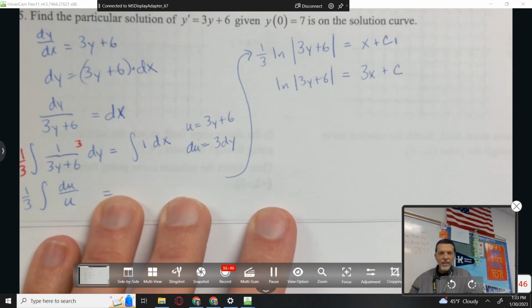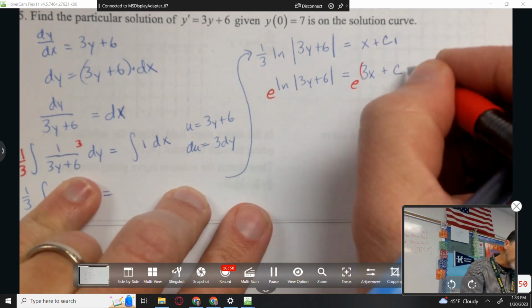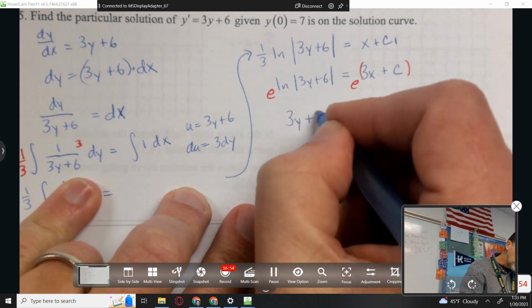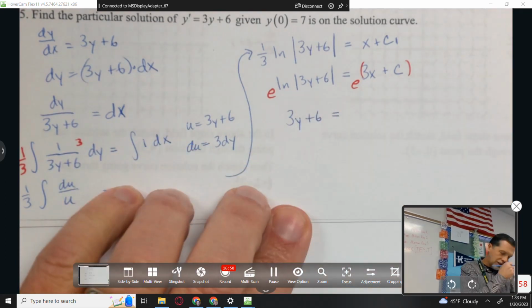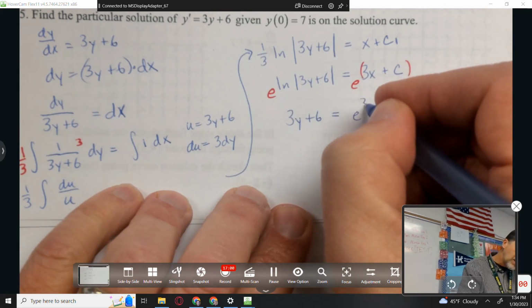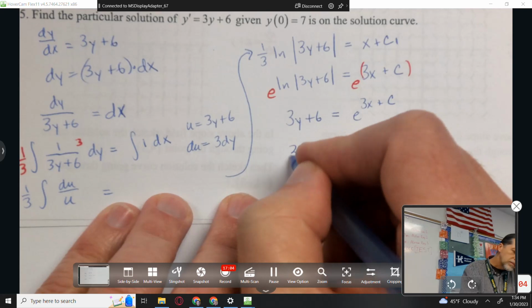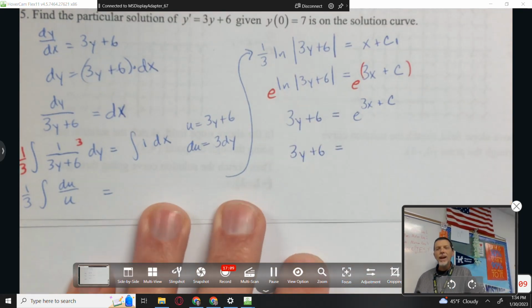Now let's do the e thing to start to get y by itself. So 3y plus 6 equals e to the 3x plus c. So how can I rewrite, here's the magic trick.